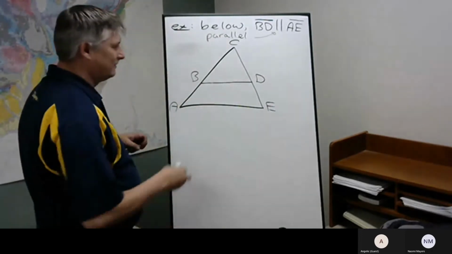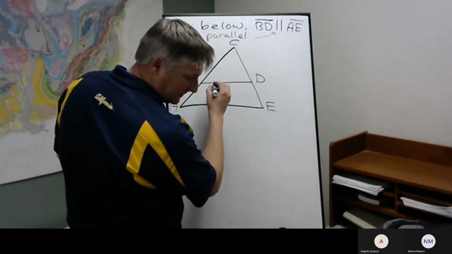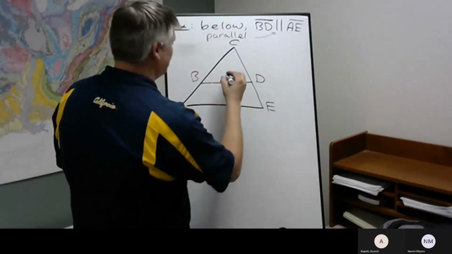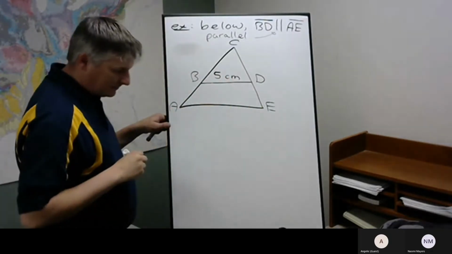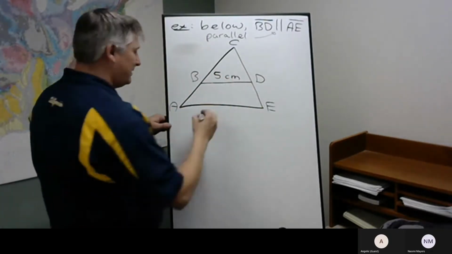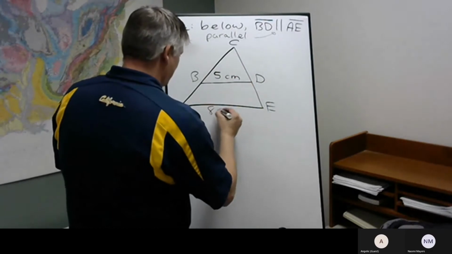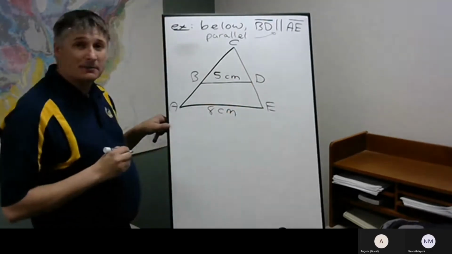Now BD is, let's see, 5 centimeters. AE, 8 centimeters.